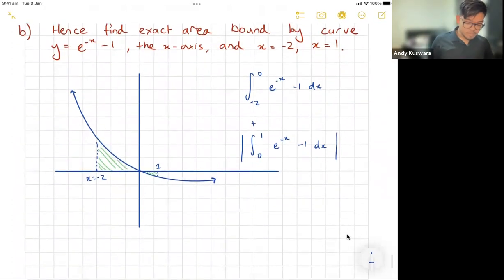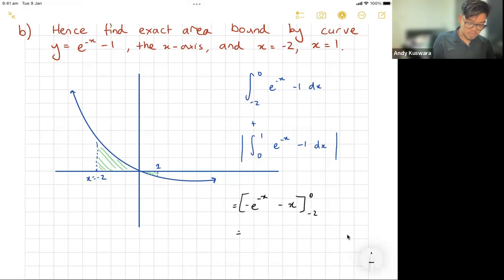Okay, so let's do the math here. Integration of e to the negative x becomes negative e to the negative x, minus x. I'm going to evaluate that between -2 and 0. Let's just deal with this one first.